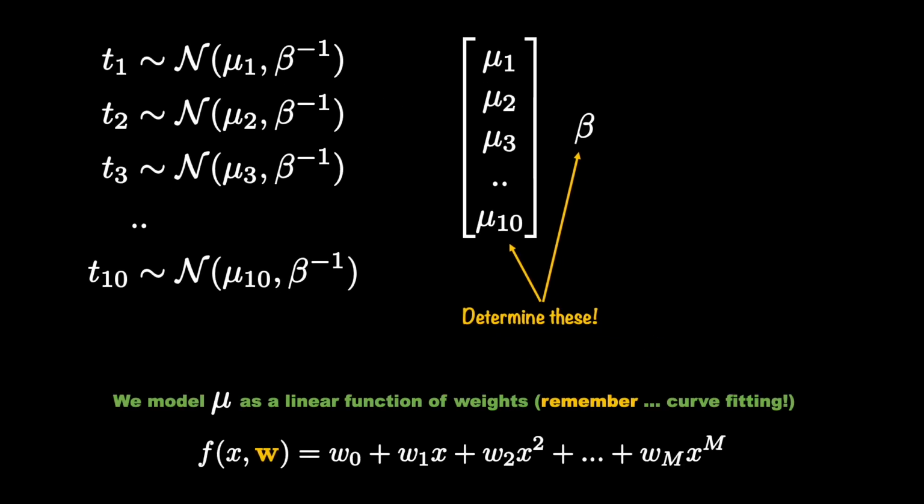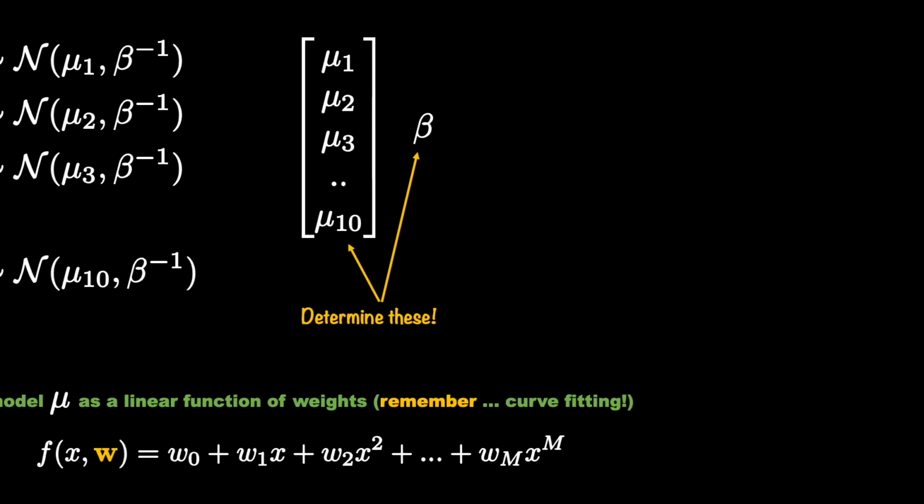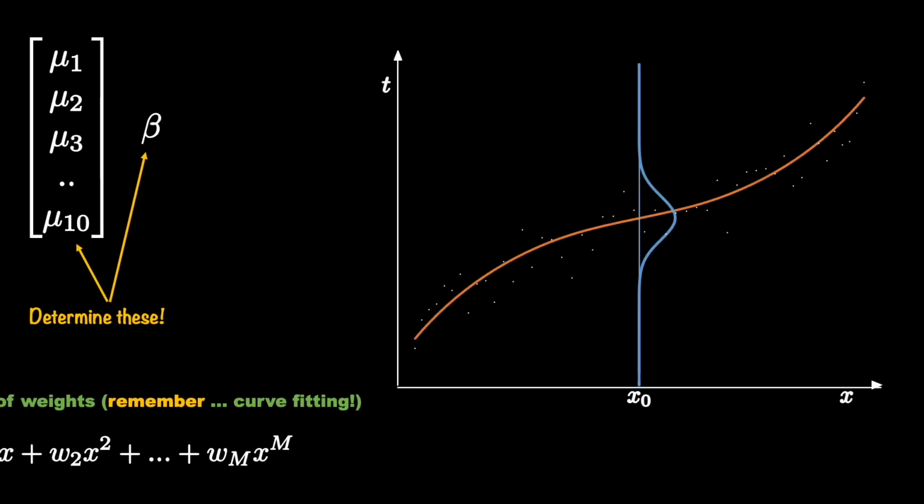Now we make a hypothesis to use a polynomial to model the mu. If you recall from part 1 where we directly predicted the target variables using the polynomial, here instead we are predicting or estimating the mu. The approach is more or less the same. See that as well. Essentially the curve that you see represents the mu or the mean values.